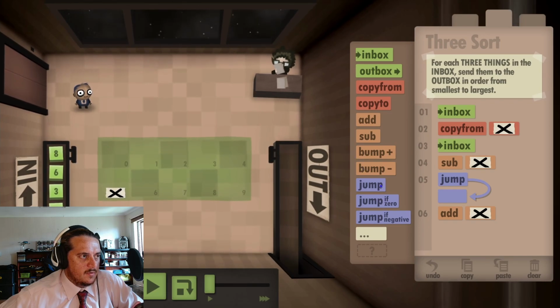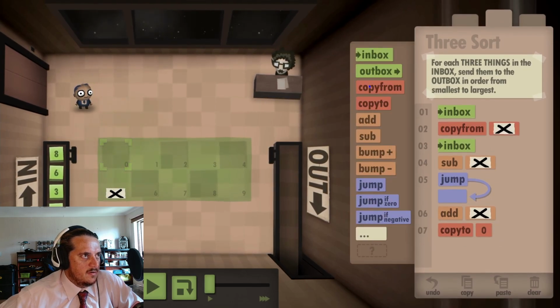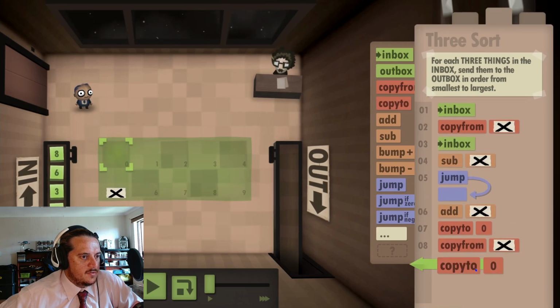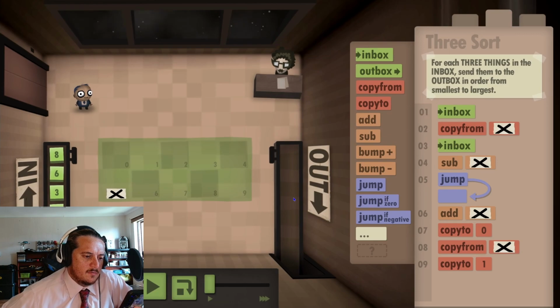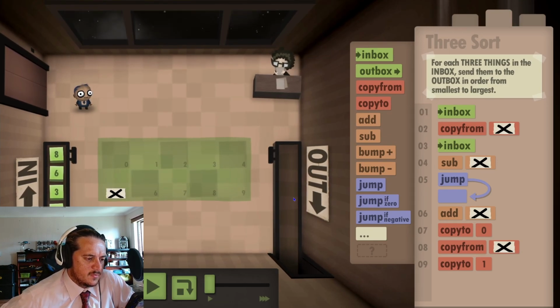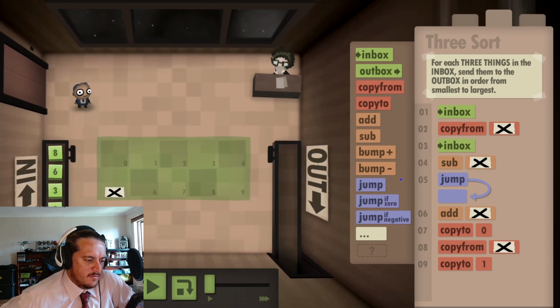And then we're going to copy to there, and we're going to copy from there, copy to there. What they're saying is we'll compare the first two numbers, then place the smaller one in box 0 and the bigger one in box 1. That'll set you up for the second step. Now you can tell where the third number is, because you have the first two in the correct order.